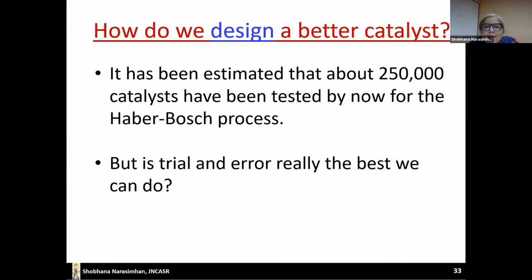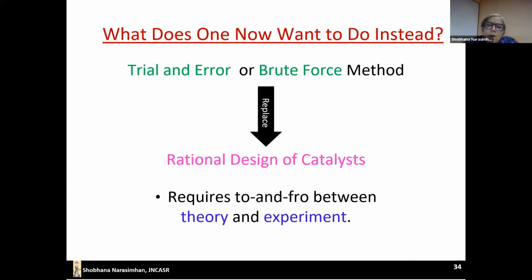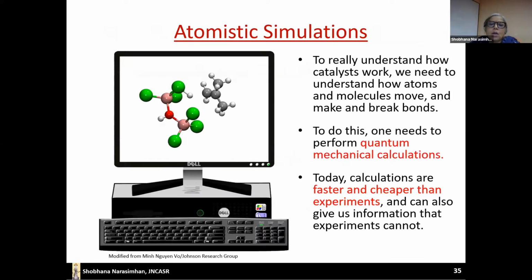But this sort of trial and error, or brute force method, is it really the best approach that we can use? What we want now is to replace this kind of approach by what's called rational design of catalysts. And this requires a to and fro between theory and experiment. So theory plays an important role in this approach.